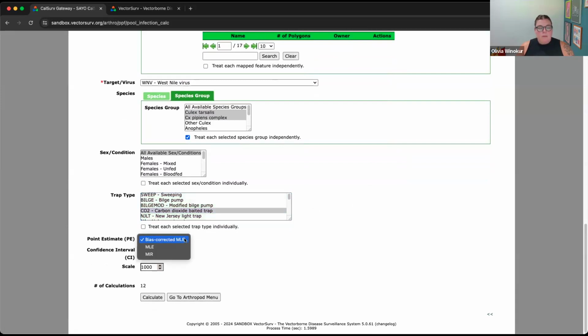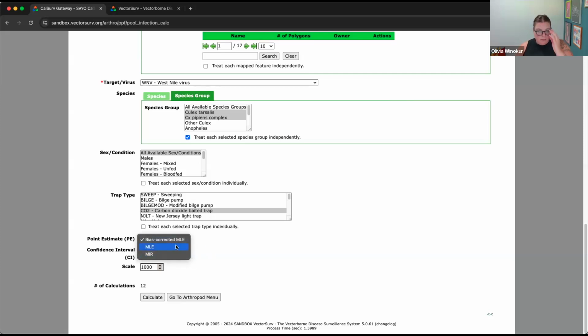Now, the point estimate is what we talked about at the beginning of this session today when we talked about there being multiple ways to calculate pool infection rate. I'll just mention them briefly again. The minimum infection rate is calculating if a pool of multiple mosquitoes tests positive, it's assuming 1 mosquito out of that pool tested positive. So at a minimum, there's 1 positive out of how many mosquitoes were tested.